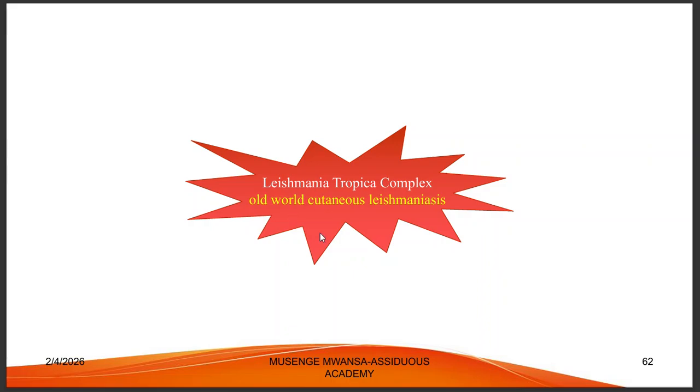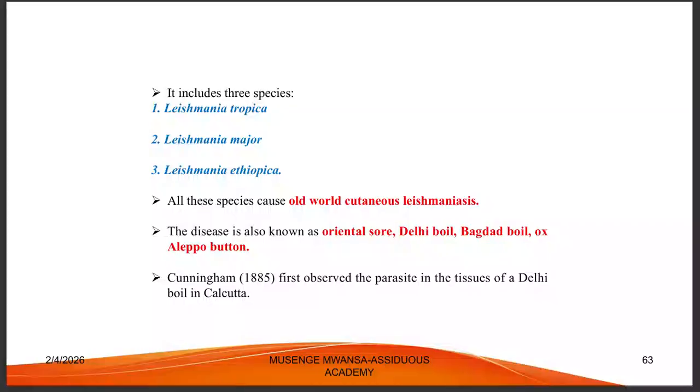So now go through the Leishmania tropica complex, which will cause Old World cutaneous leishmaniasis. Remember, it's a complex, so it consists of Leishmania tropica, Leishmania major, and Leishmania ethiopica.